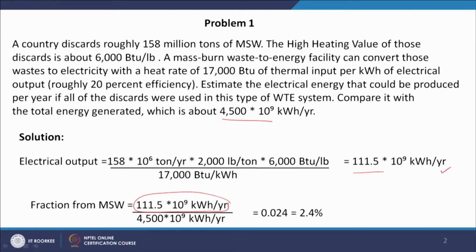So, we will get the fraction. Multiply it by 100, so that will be in percentage. So, 2.4% is the percentage. So, about 2.5% of the total energy consumption is coming from this waste to energy plant.